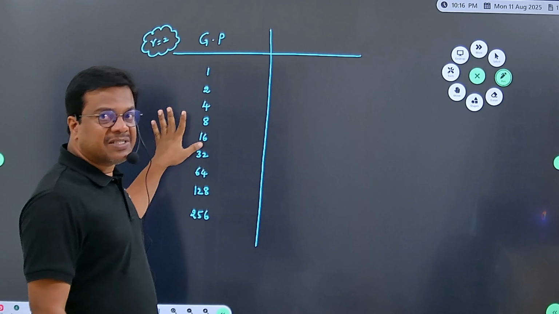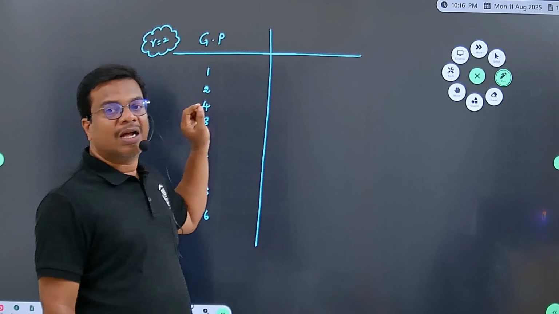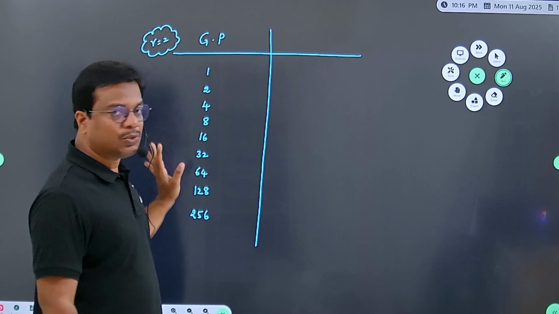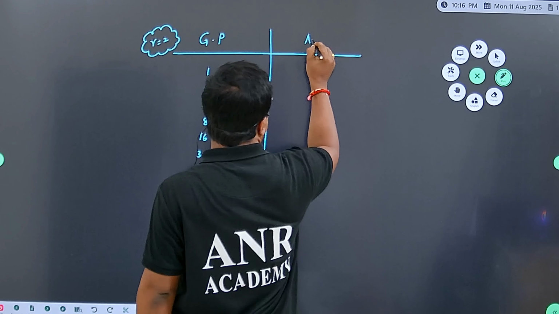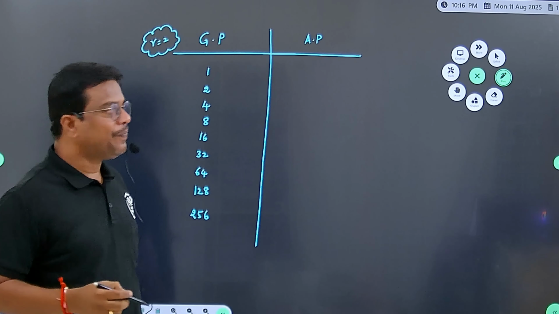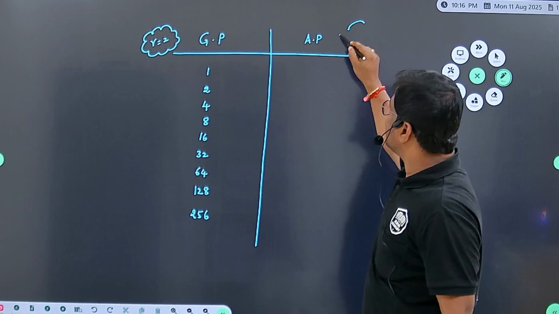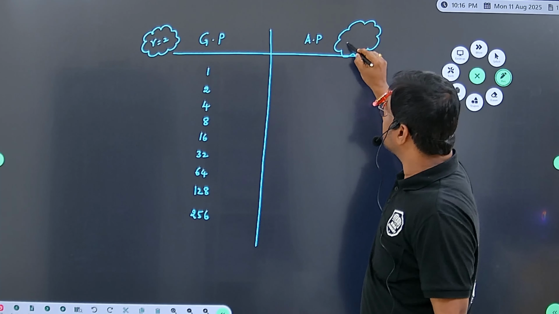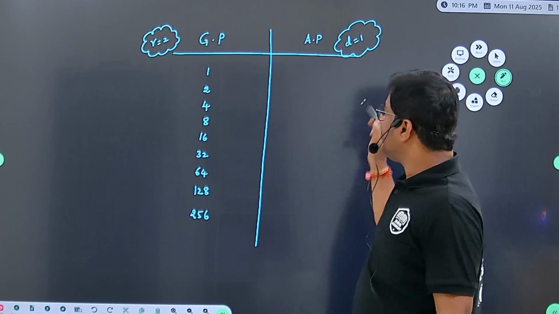These are a sequence of numbers in geometric progression, having common ratio 2. In the second column I am going to write a sequence of numbers in arithmetic progression. We know that a sequence of numbers with a common difference is known as arithmetic progression. Here I am going to select the difference as 1 unit.